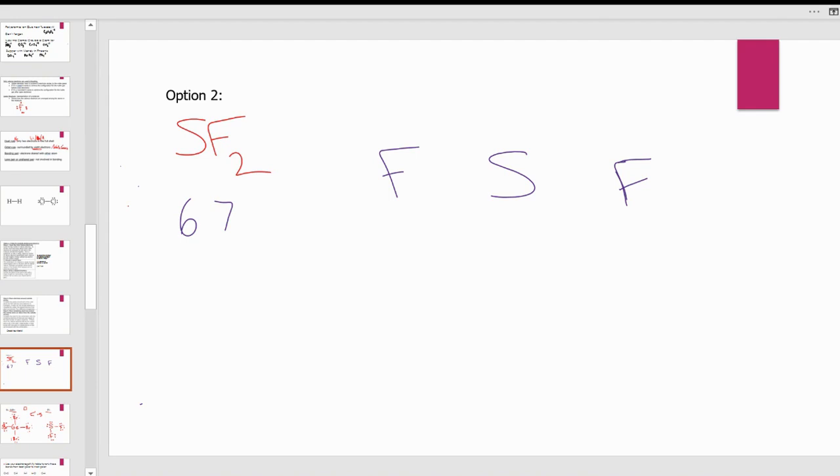And then we put the electrons around them. 1, 2, 3, 4, 5, 6. Mr. Murphy. Yes, Luke. I noticed that you put that single dot here next to the fluorine. Was that purposeful? I think so.